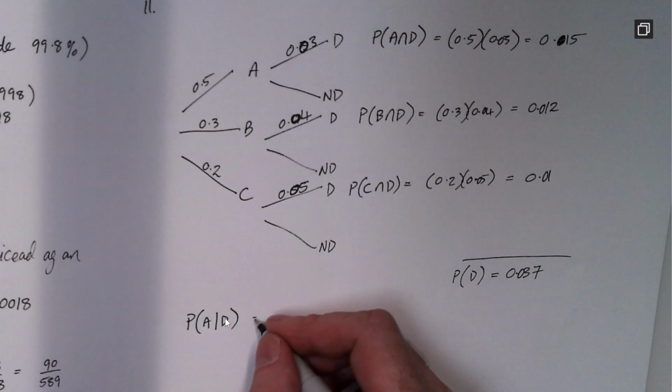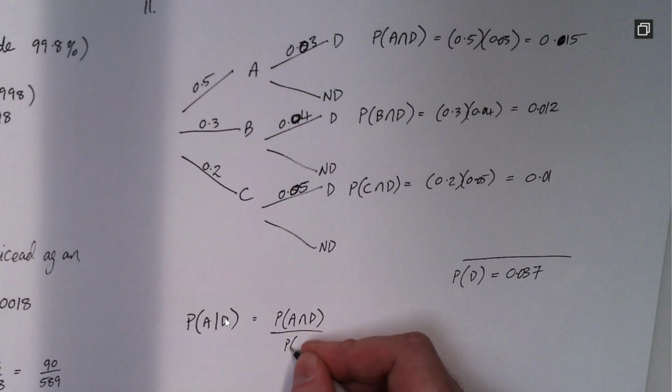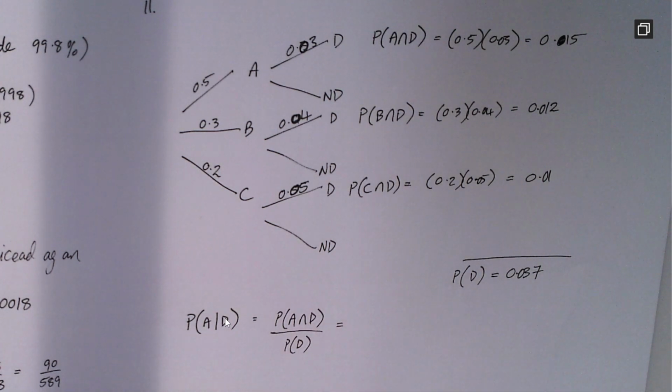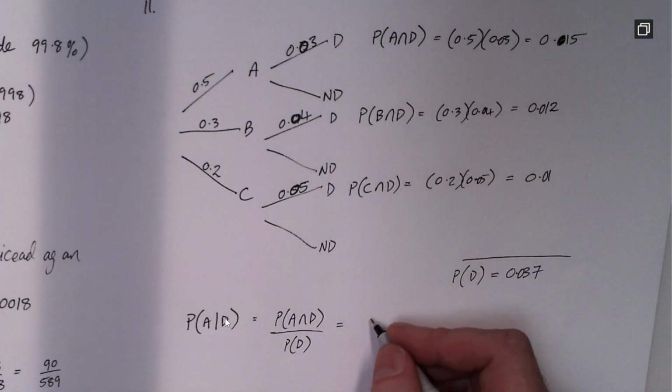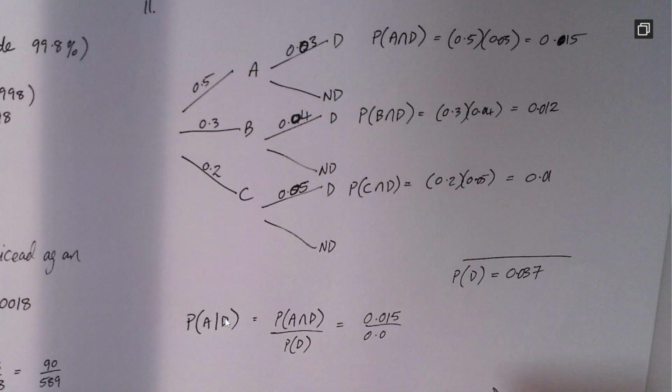So the probability of A intersection D over the probability of D. So A intersection D is 0.015 over 0.037.